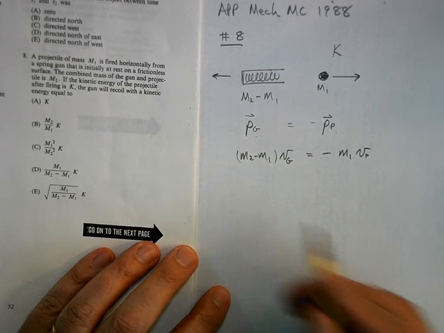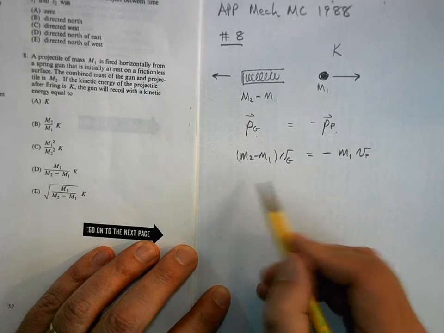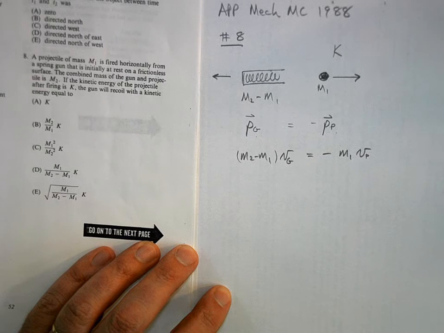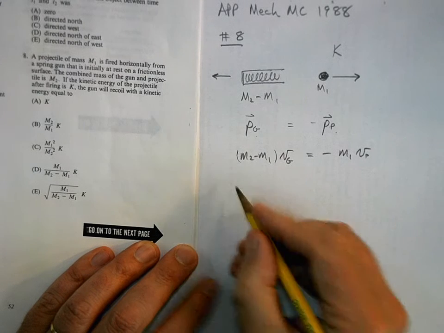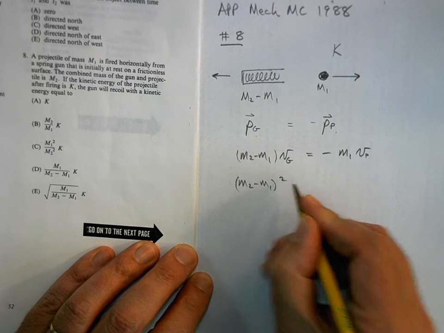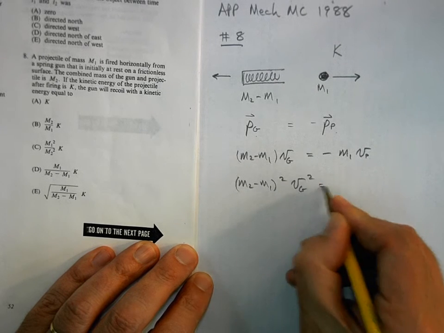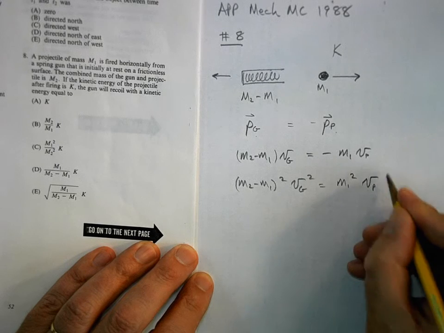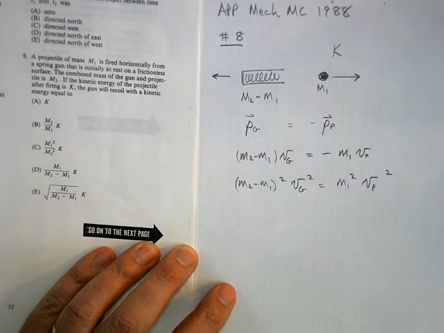But what I'm going to do is I'm going to square both sides because I want it to look like kinetic energy. So this is just a little trick. Squared, squared. The negative goes away. I just squared both sides. Yes?